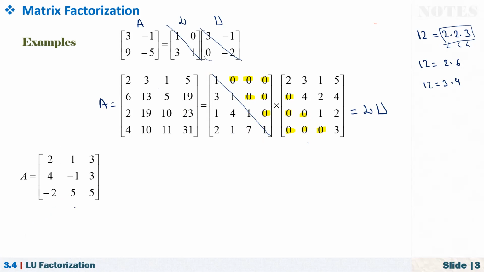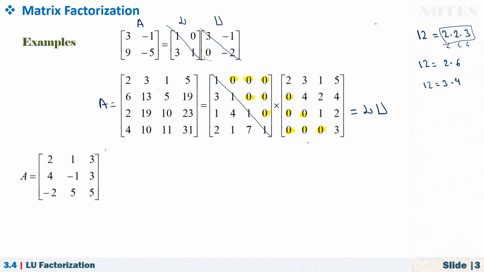Now, if you consider this example, 2, 1, 3, 4, negative 1, 3, 1, right?